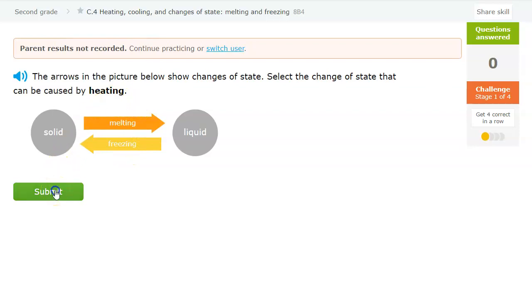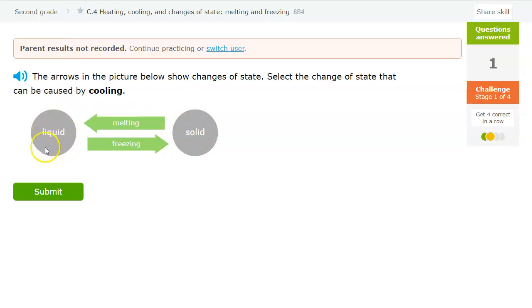Let's see if we're right. Woohoo! So let's try another. This time we're selecting the change of state that can be caused by cooling. So we've got liquid water right here and solid water, aka ice, right here. So do we take ice and cool it to get to liquid?